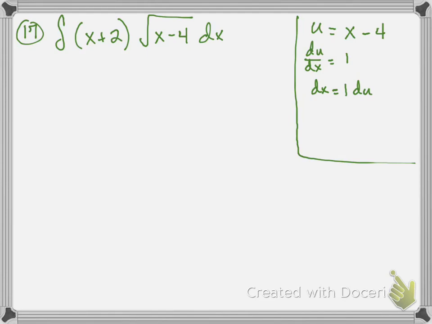Now, that's going to give us x plus 2 and now we have u to the 1/2 du. The issue that we have now is that nothing will cancel with x plus 2.